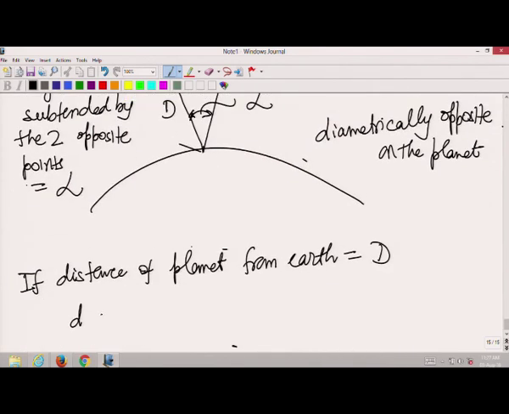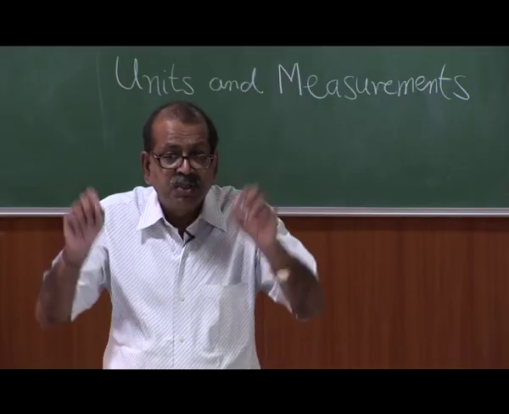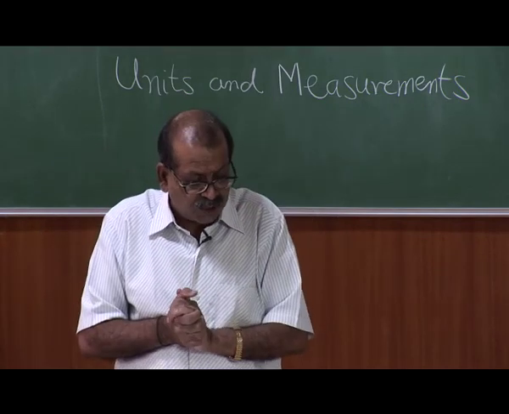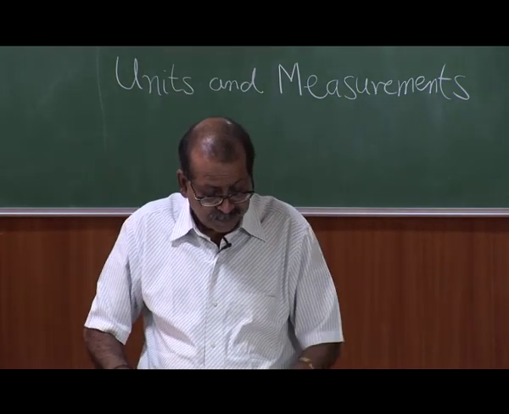Small d will be equal to alpha times capital D, and therefore, we will be able to get small d, or if we need the angle alpha, then this will be equal to d upon capital D. So, here you have to keep in mind alpha is the angle between two directions when you view diametrically opposite points on the planet.